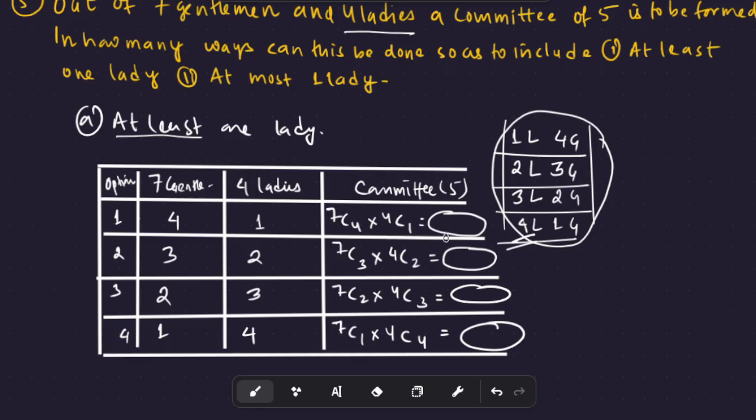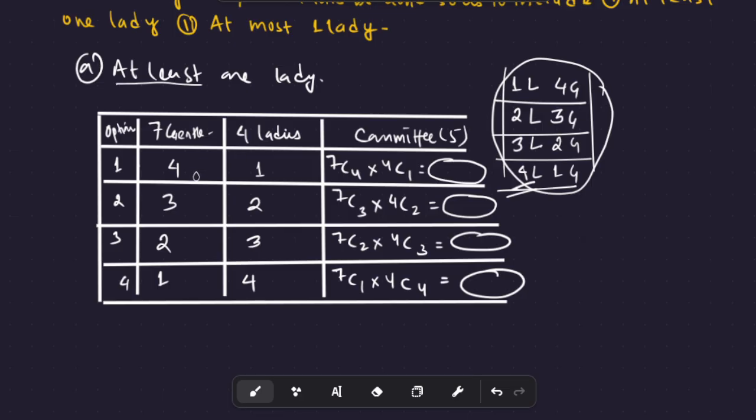Now we can go with one option, either the first, second, third or fourth option. In this case, the total number of ways becomes how much?